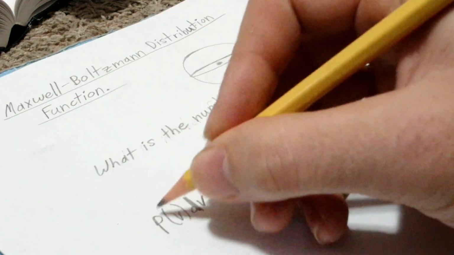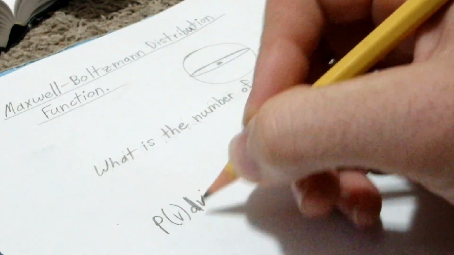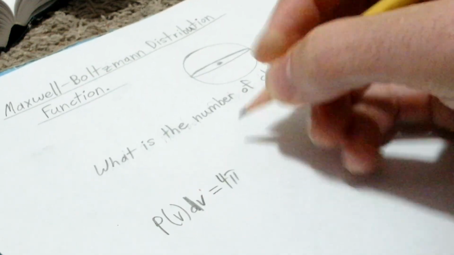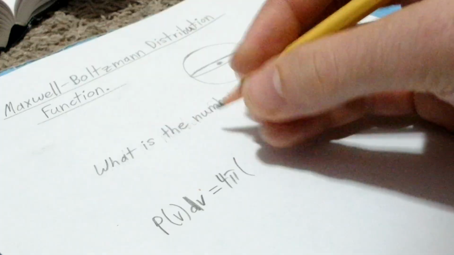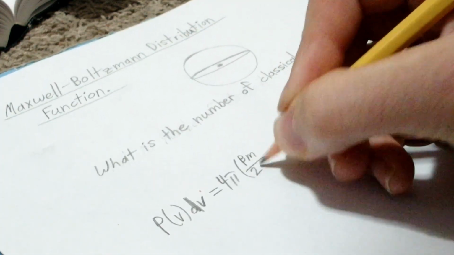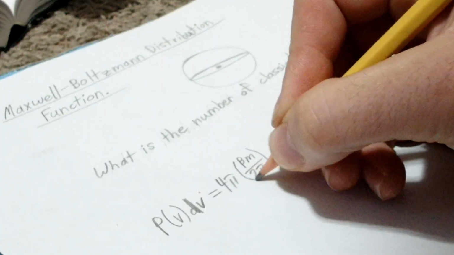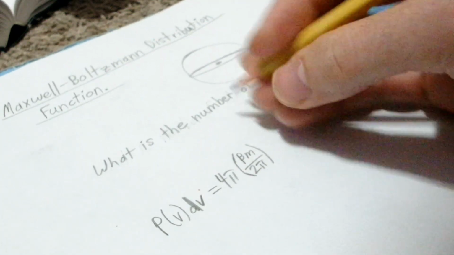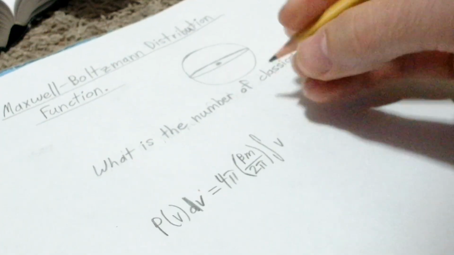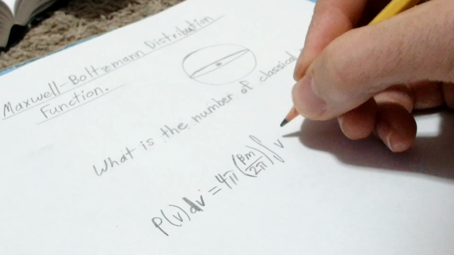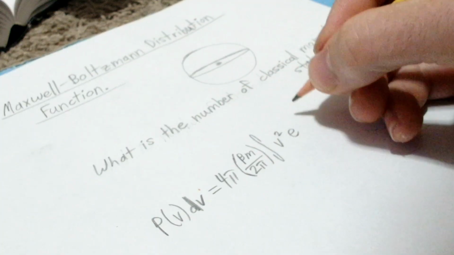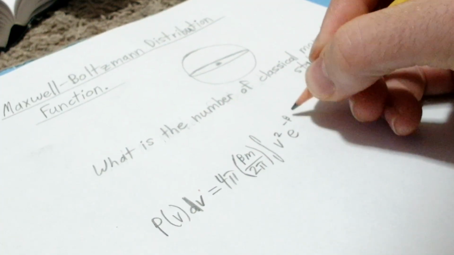So this is a probability density, and this is equal to this equation here, this distribution function, which we're going to have to integrate. We'll always have to integrate.